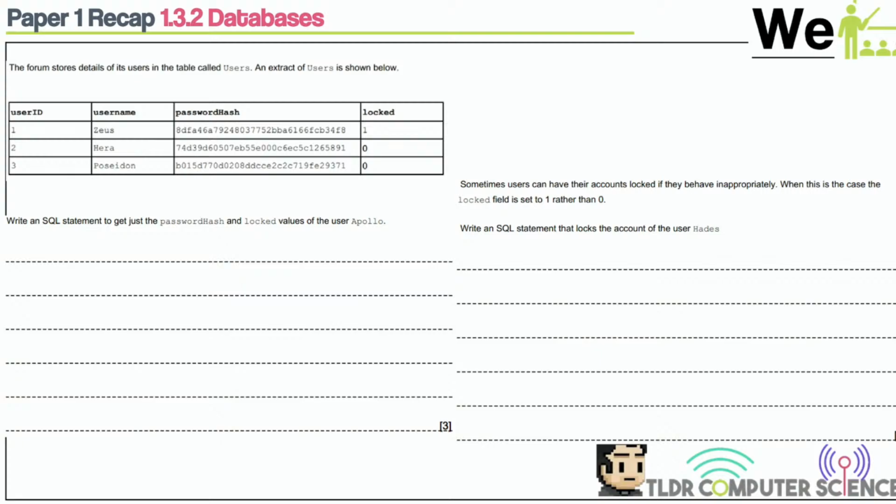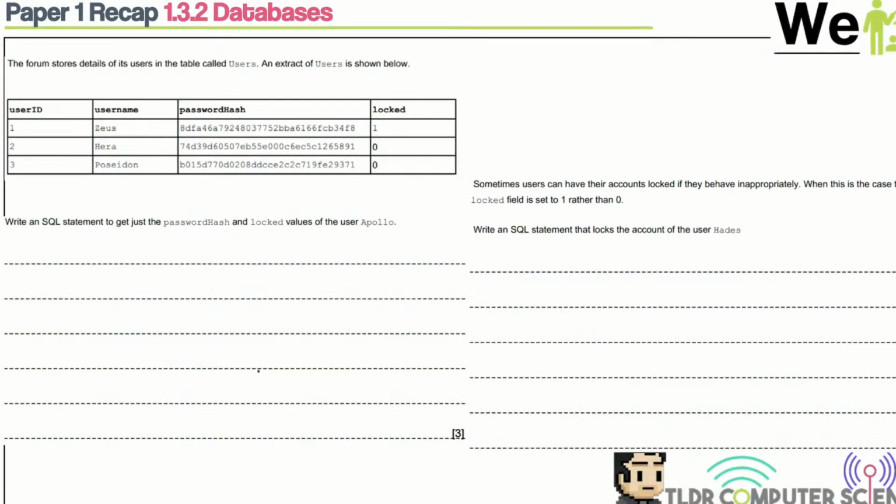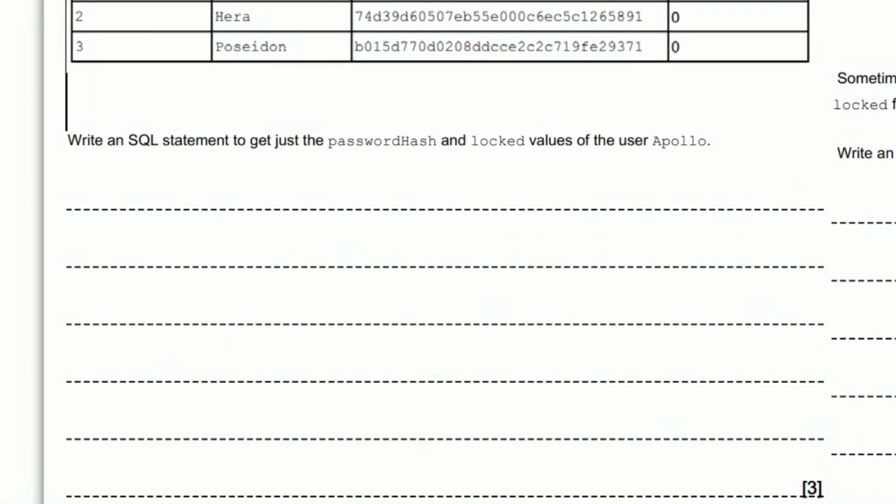So we want a SQL statement to get the password hash and locked values of the user Apollo. To do that, we need to remember what the format for an SQL query is. Yeah, select.